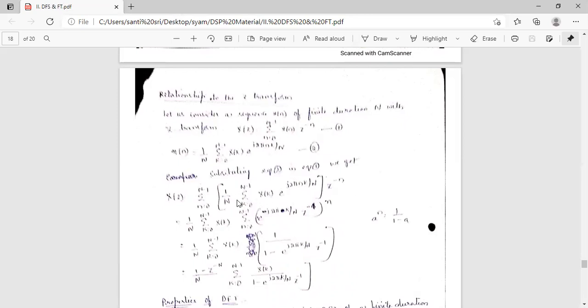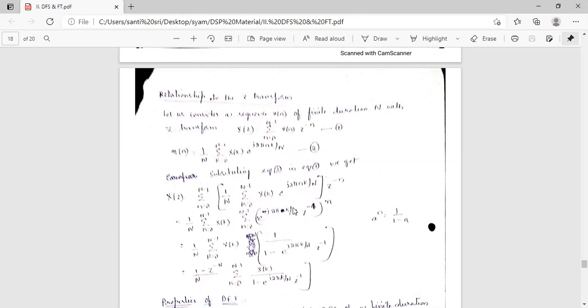So here, extract this 1 by n outside and change the order of the summation terms, so that it becomes sigma k equal to 0 to n minus 1 x of k into sigma n equal to 0 to n minus 1 e power j 2 pi n k by n into z power minus 1 whole power n.